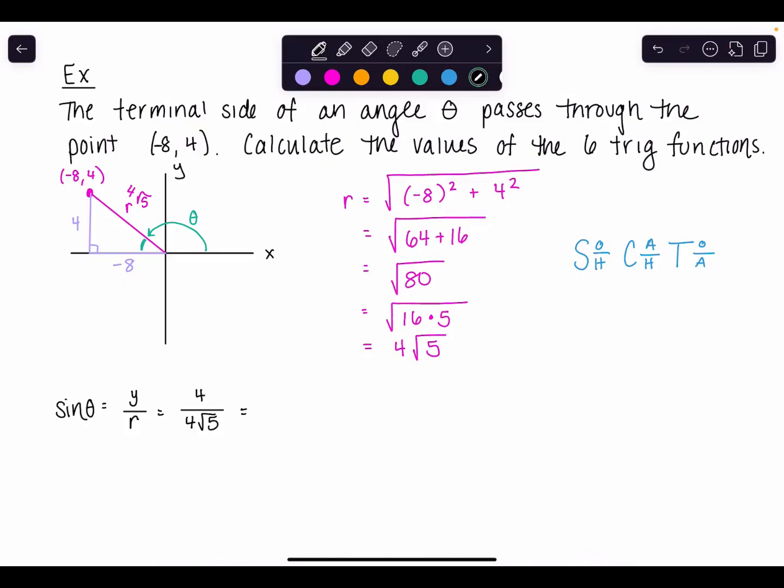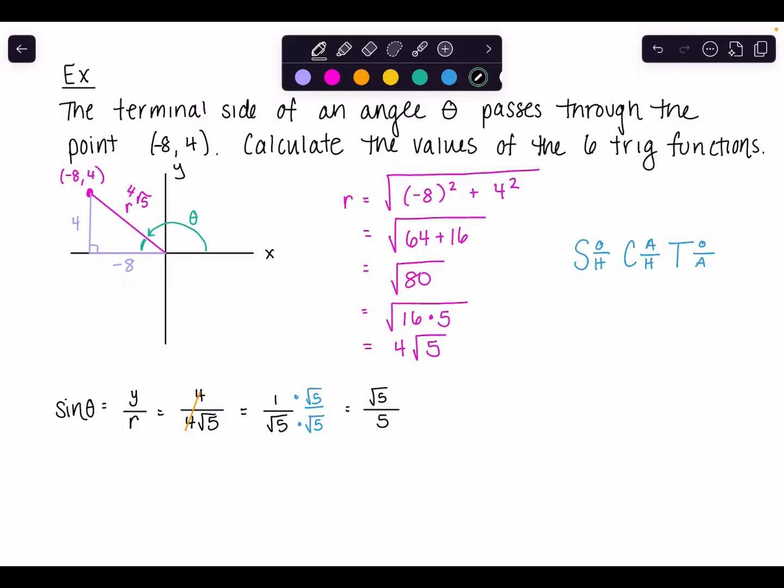Thankfully, the 4's cancel. And that gives me 1 over root 5. And then we really don't like radicals in the bottom, so you do need to rationalize these. So you multiply by root 5 over root 5. And so rationalized, sine of this angle would be root 5 over 5.